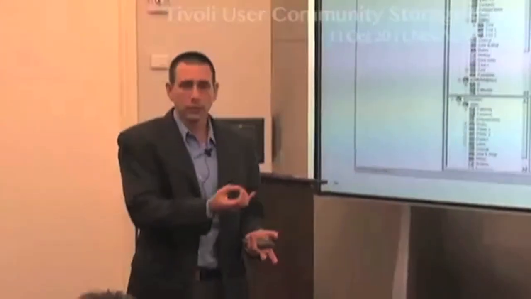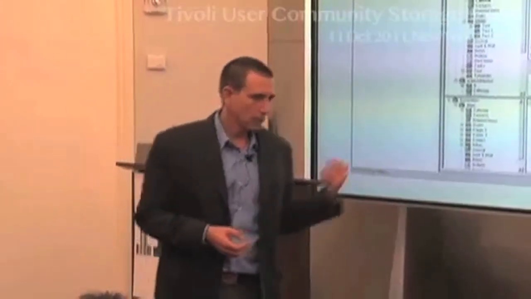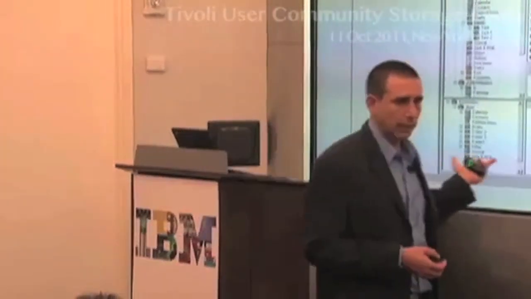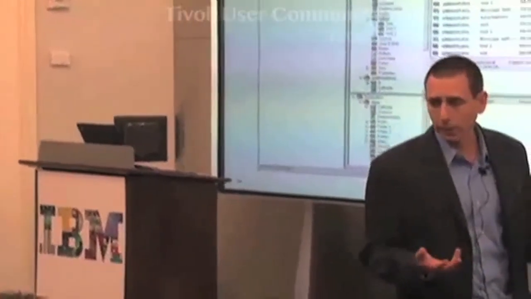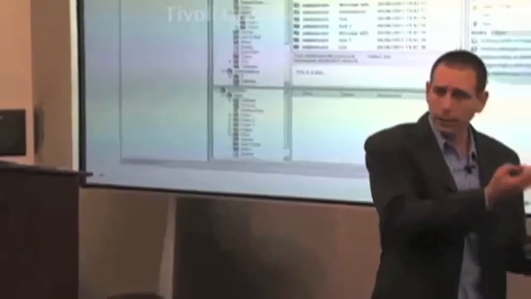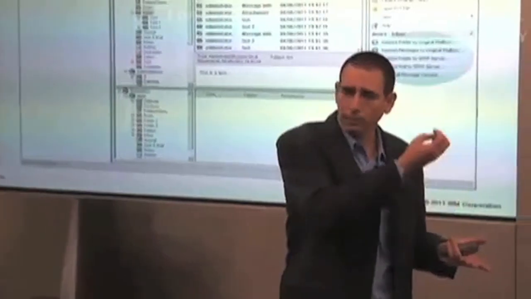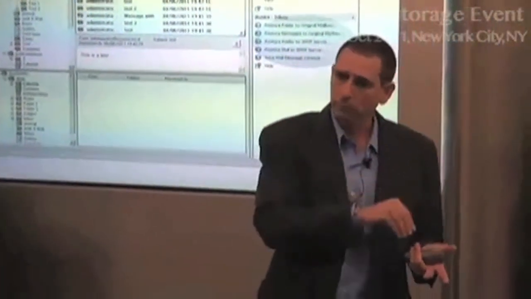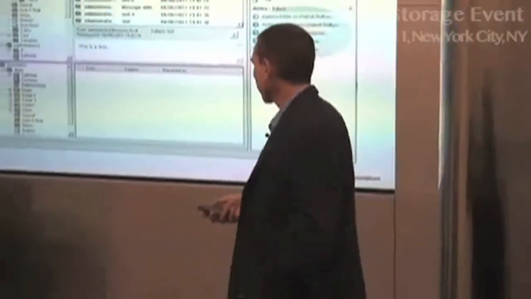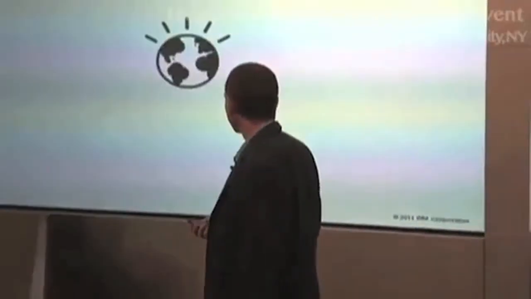I need to recover only a single email. So it has that great drag and drop capability that allows you to go back into that person's mailbox from yesterday at 4 p.m. and just select that folder, drag it back to his existing mailbox, and be done with it.